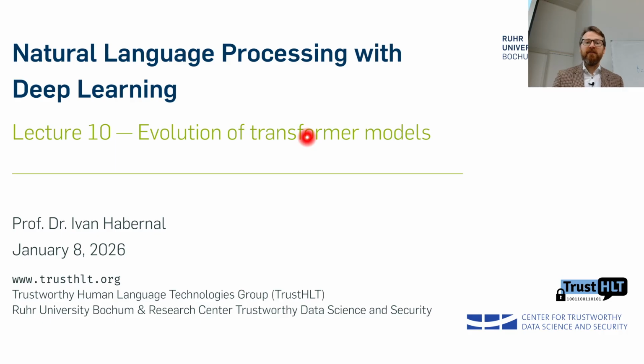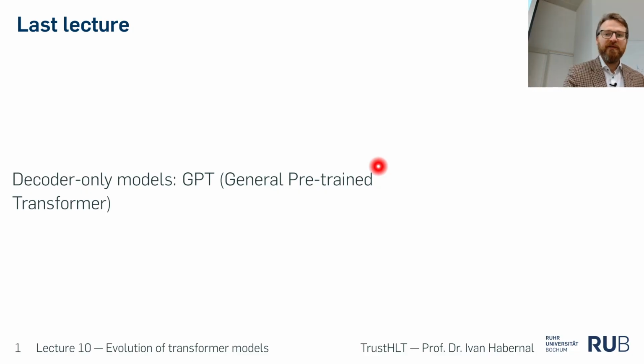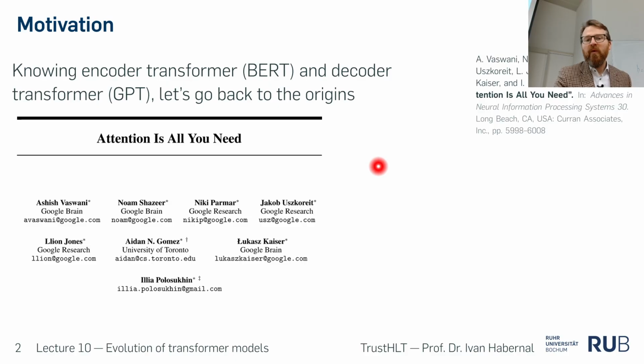But basically, what we need to know these days, since a couple of years now, is the transformer architecture. So let me just start with GPTs, and now that we know the encoder transformer, which is the BERT model.